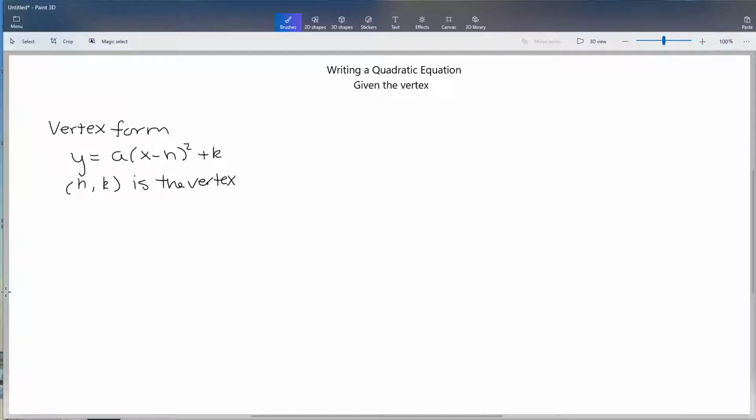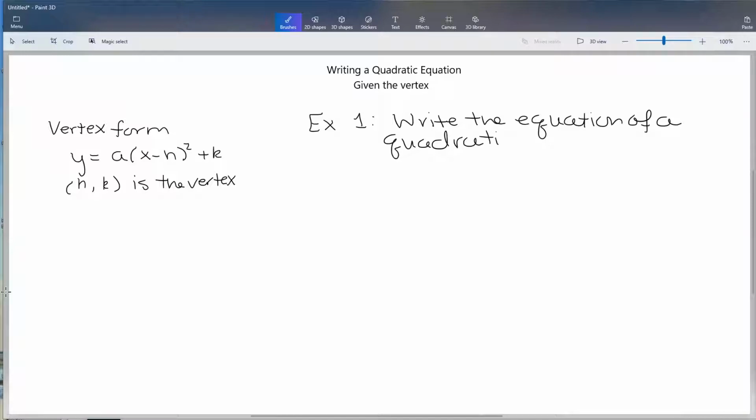Okay, so let's look at an example of writing an equation with this information. Okay, so we're going to write a quadratic equation with the given features.